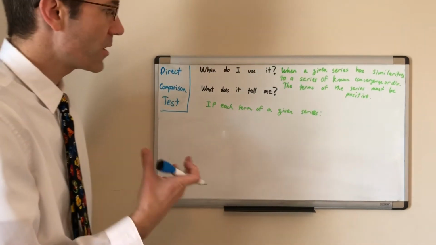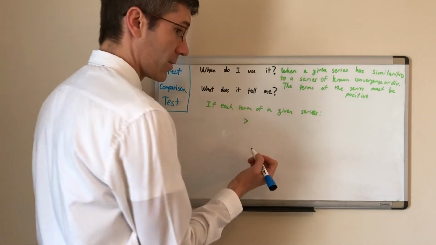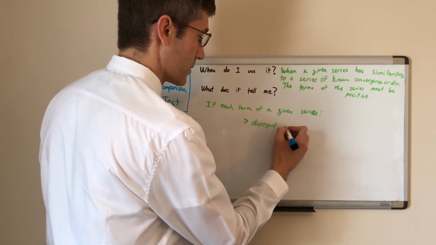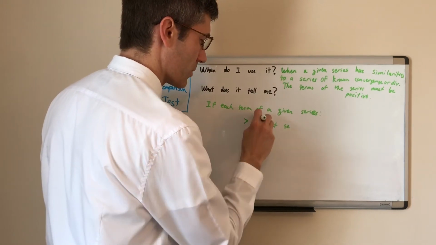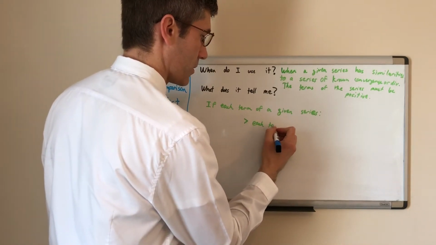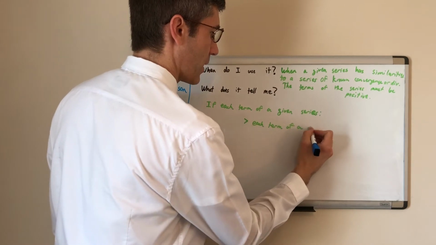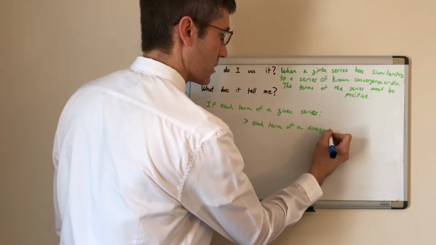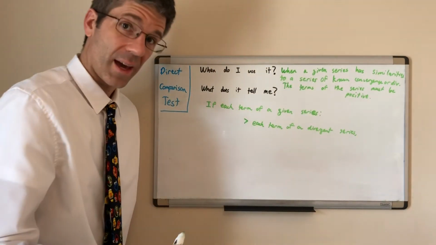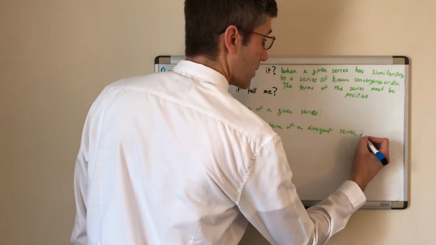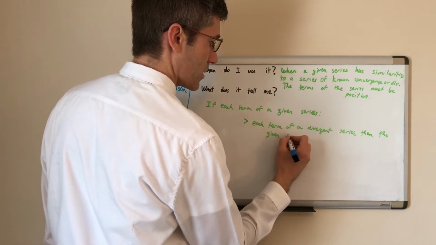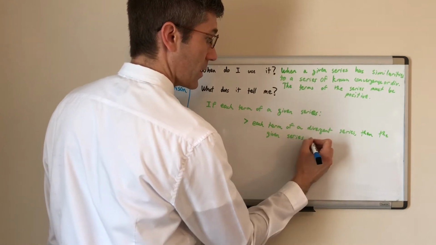If each term of a given series is greater than each term of a divergent series, then the one they gave you, the given series, the one you're trying to determine, diverges.